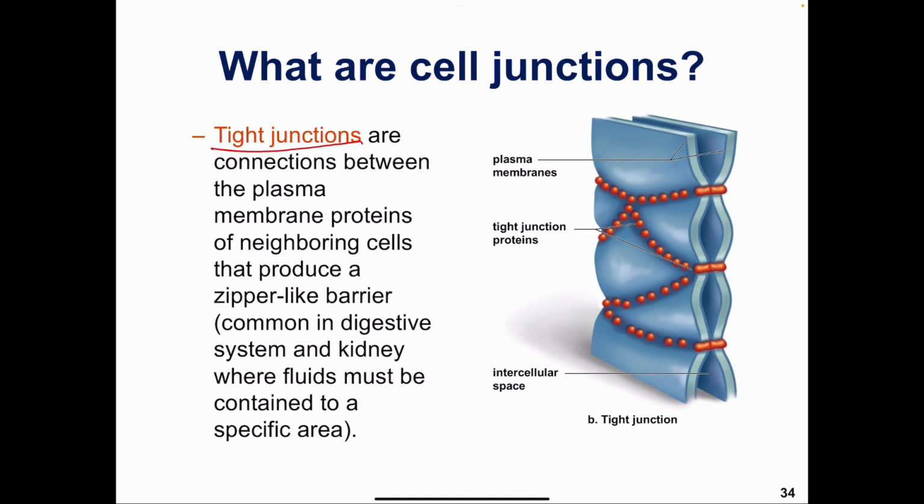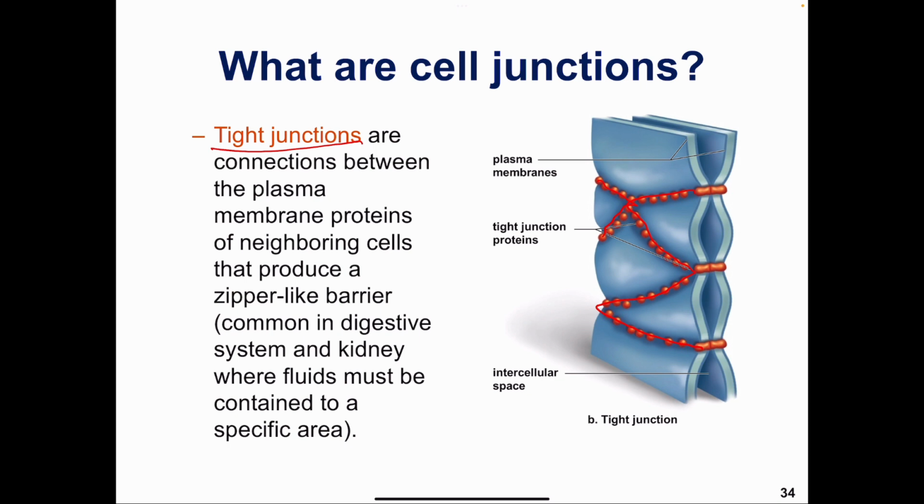The tight junctions are going to be found between cells to make sure that where there is fluid, the fluid doesn't leak through. The junctions are going to develop because of a zip-like structure, as you can see here. This zip-like structure allows two neighboring cells to be closely tied together.